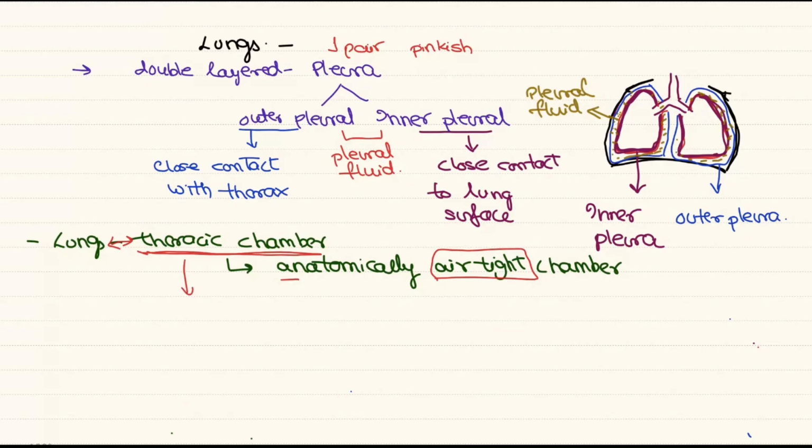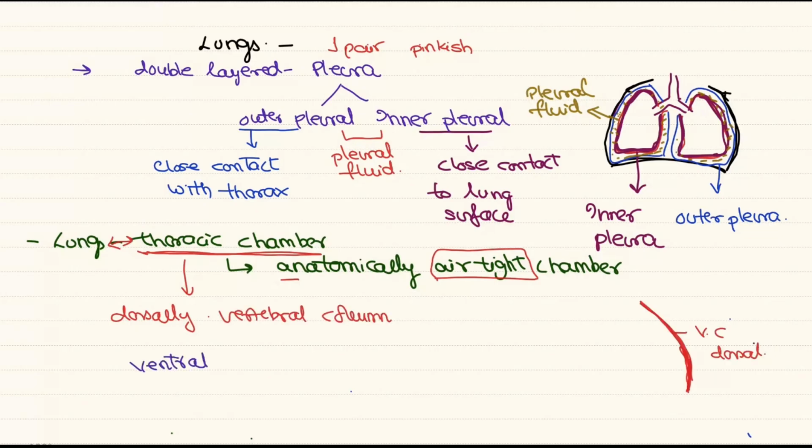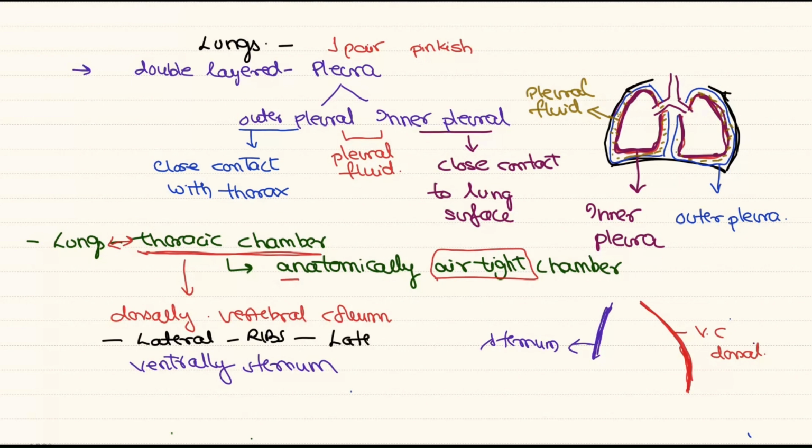Now, this thoracic chamber has the vertebral column dorsally. It has the sternum ventrally. It has ribs on the lateral sides, on both the sides. And on the lower side, it has a diaphragm.